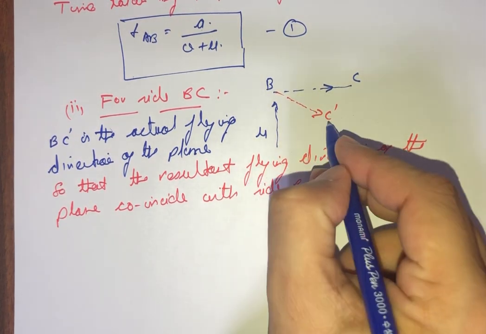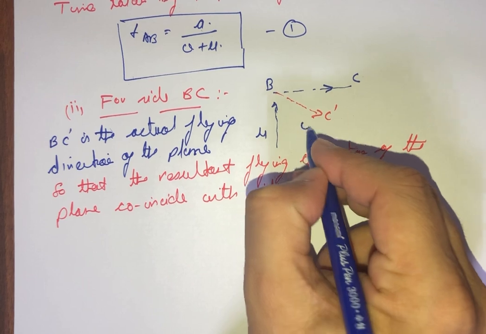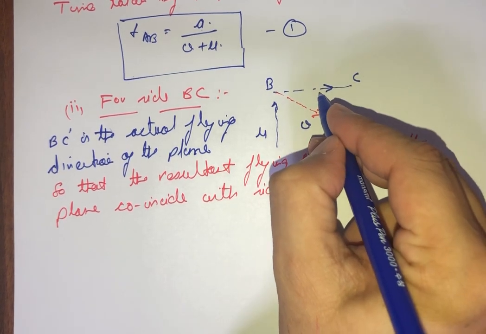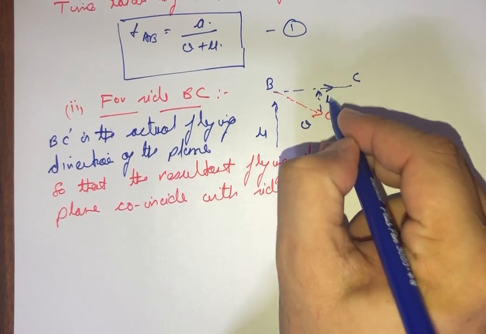So this is B prime C is V, and wind is flowing in this direction, that is given as u.